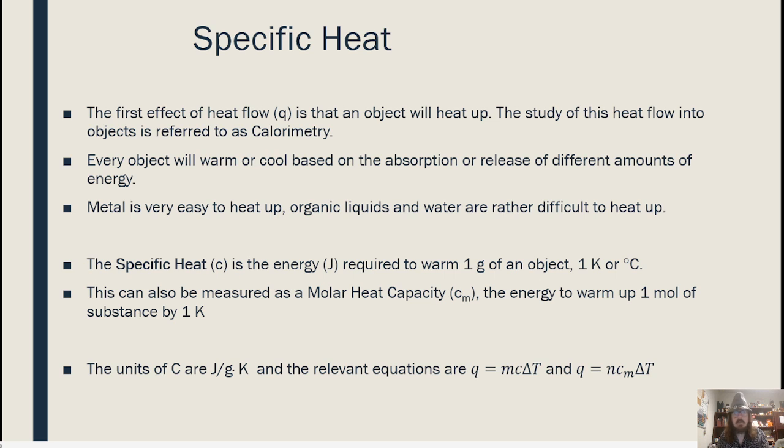Organic liquids and water are often difficult to heat up, and of course they're limited by their melting or boiling point. So we might use cooking oil rather than water because oil has a higher boiling point. But water takes a lot of energy to boil, a lot of energy to heat up.